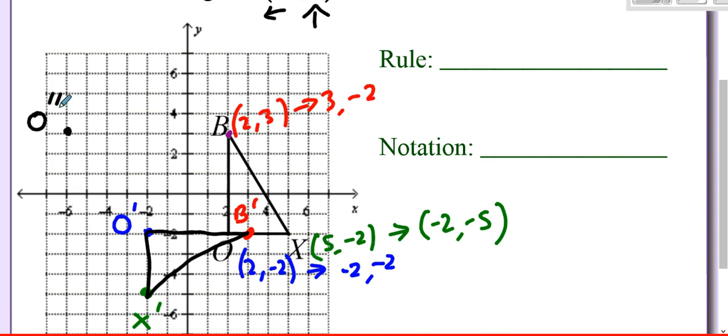That's O double prime. That's X double prime. 1, 2, 3, 4. 1, 2, 3, 4, 5. B double prime.